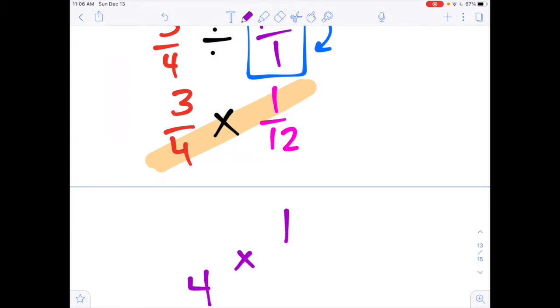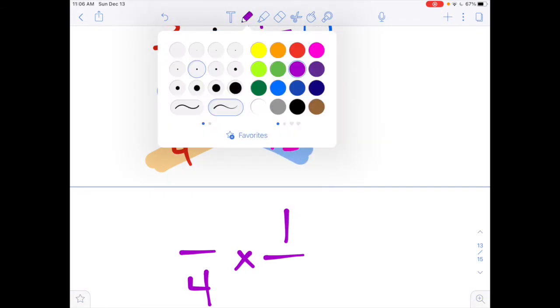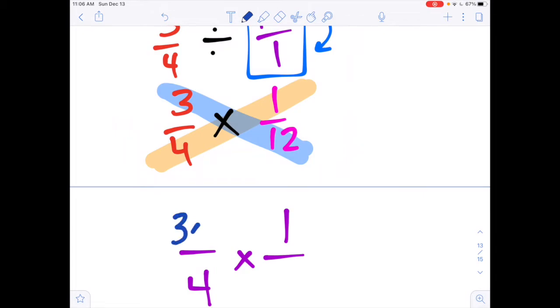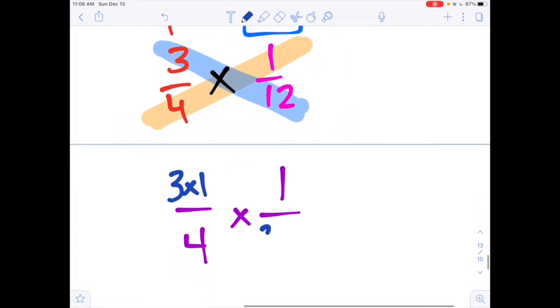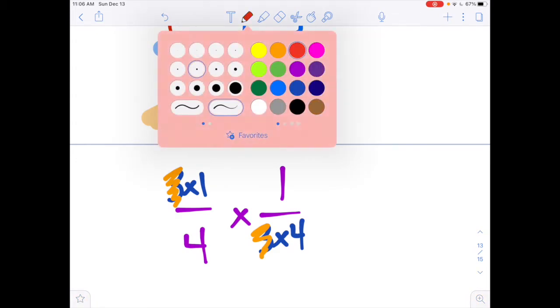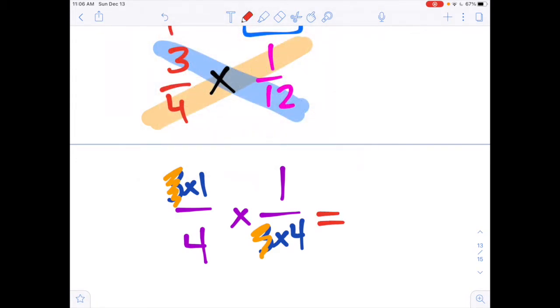1 and a 4. But now I have a 3 and a 12 in the other diagonal. The only way I can write 3 is 3 times 1. So to make 12, I need 3 times 4. Cross out my 3/3. And remember, I can't cross out the 4s because they're both denominators. So now I have 1 times 1 as a numerator. That's 1.